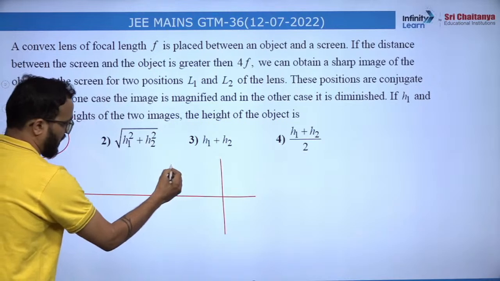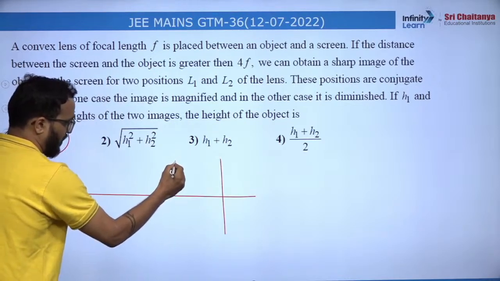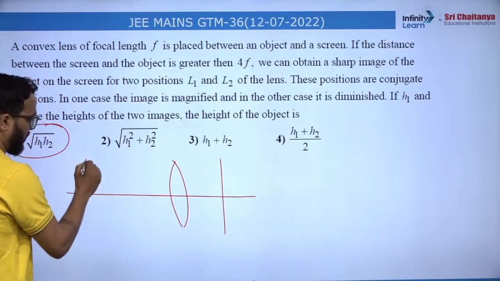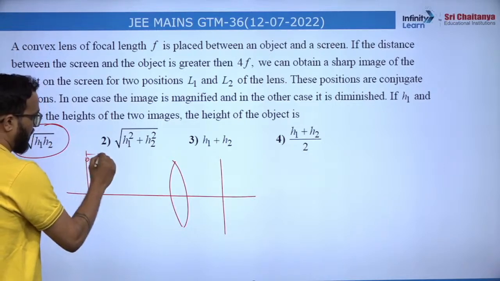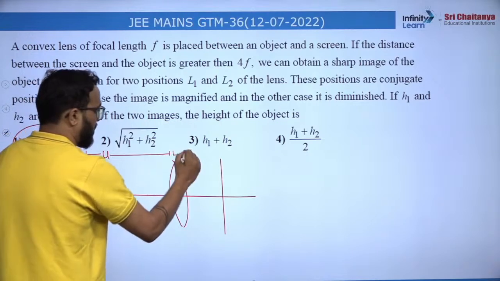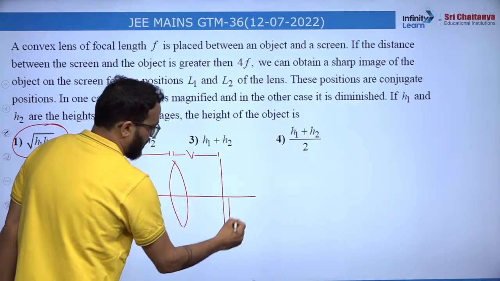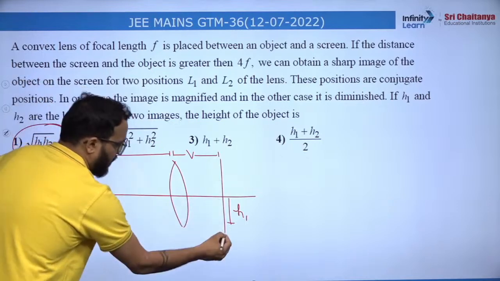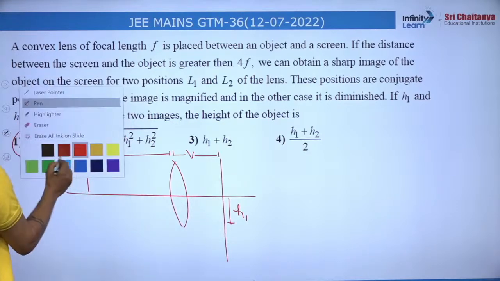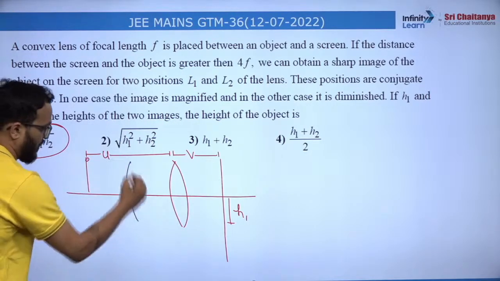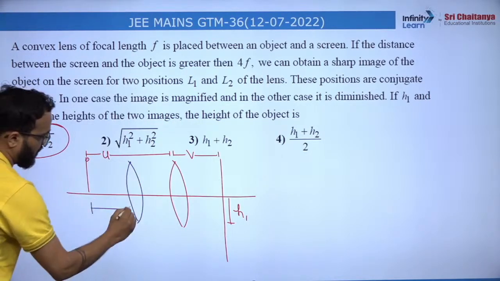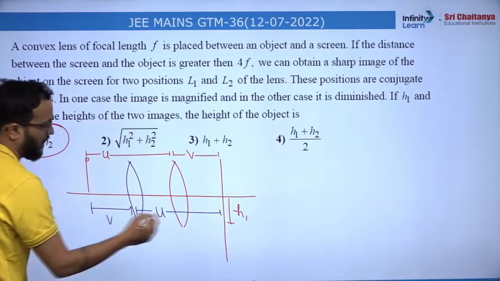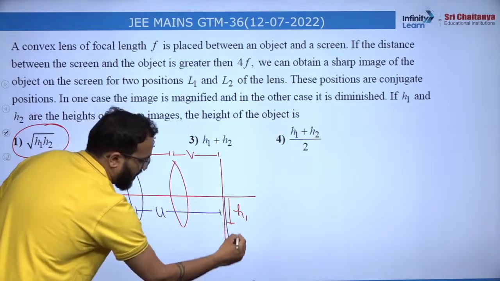First you will say, sir, the lens was here, the object was here, this is u and this is v, and let's say this is h1. Now next case, you displace the lens, suppose you bring it here. Now this distance is your v and this distance is your u, and this is your image H2.